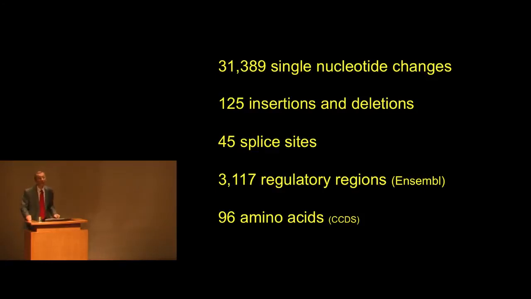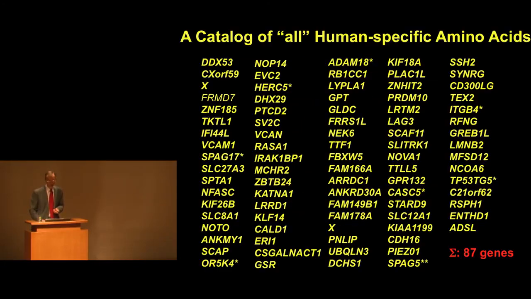The problem is, of course, that we are very bad at predicting any functional consequences of any single position that has changed in the genome. Just to give you a feeling for this, though, there are just 96 amino acid changes in proteins caused by these changes. And they occur in only 87 genes that are encoded in our genome.